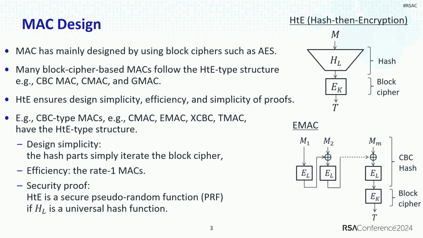In this structure, first the keyed hash function capital H is performed, which takes an arbitrary length message capital M, where capital L is a hash key. Then in the outer part, the block cipher capital E K is performed with the block cipher key capital K, which produces the tag T.